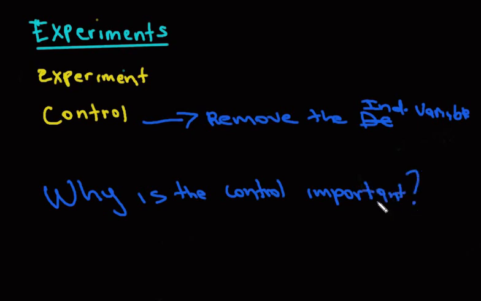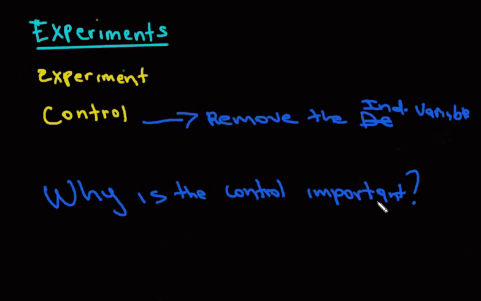Control is important because we want to make sure that our results are not random events. That means whatever we observed would not have happened if we had removed a certain factor.